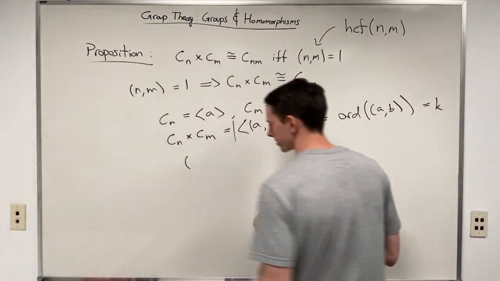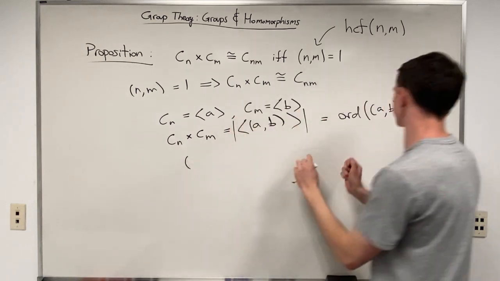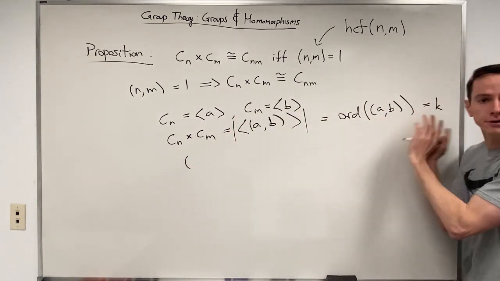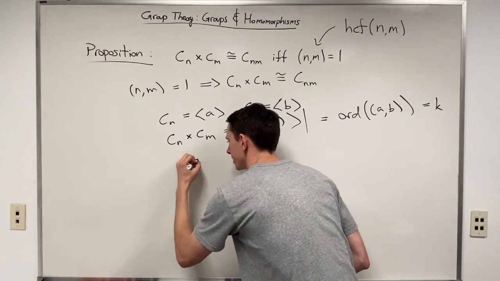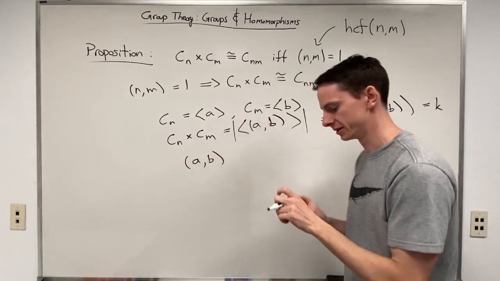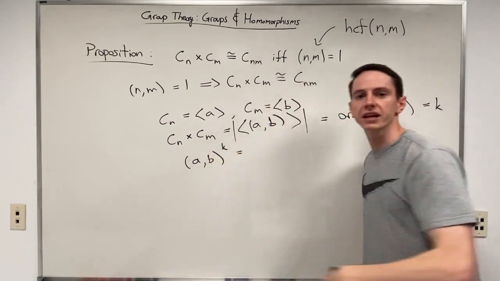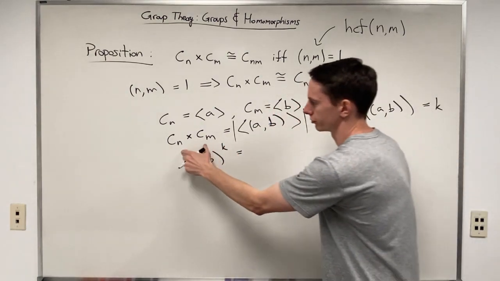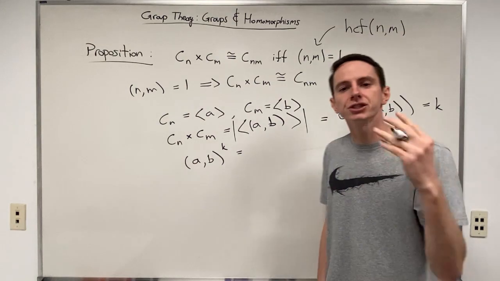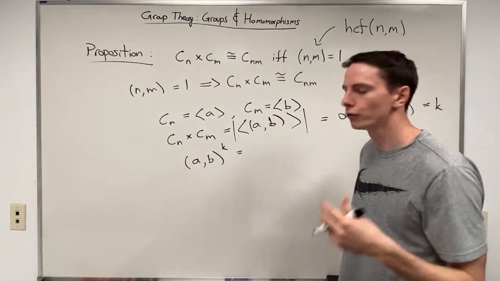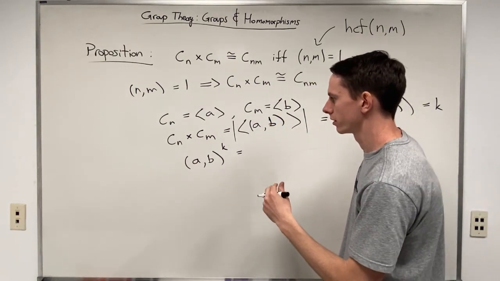Okay, and let's write that out. What this is saying, that the order of this ordered pair here is K, tells us that if we take our ordered pair element and raise it to the K power, then we are going to get the identity element from this group.